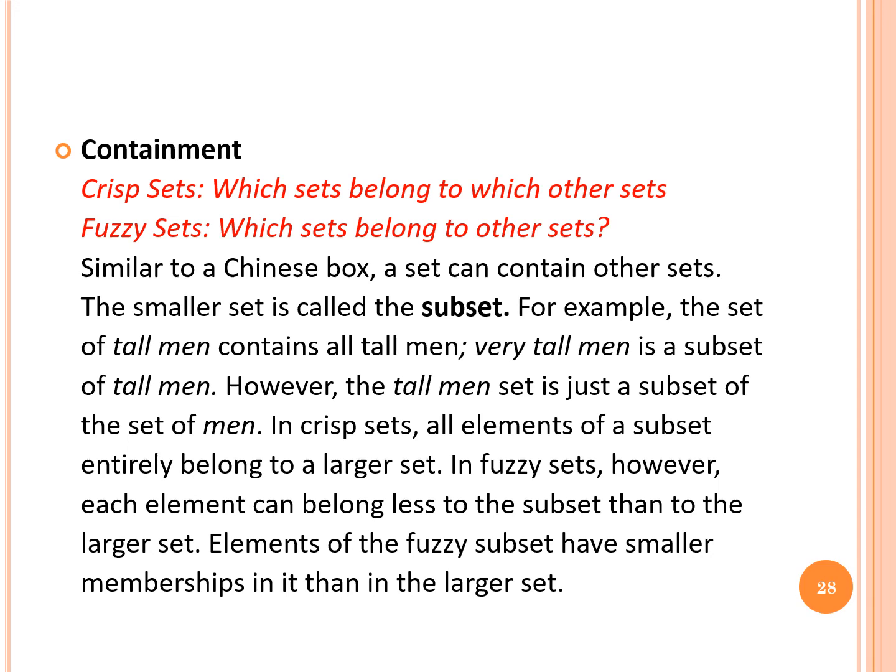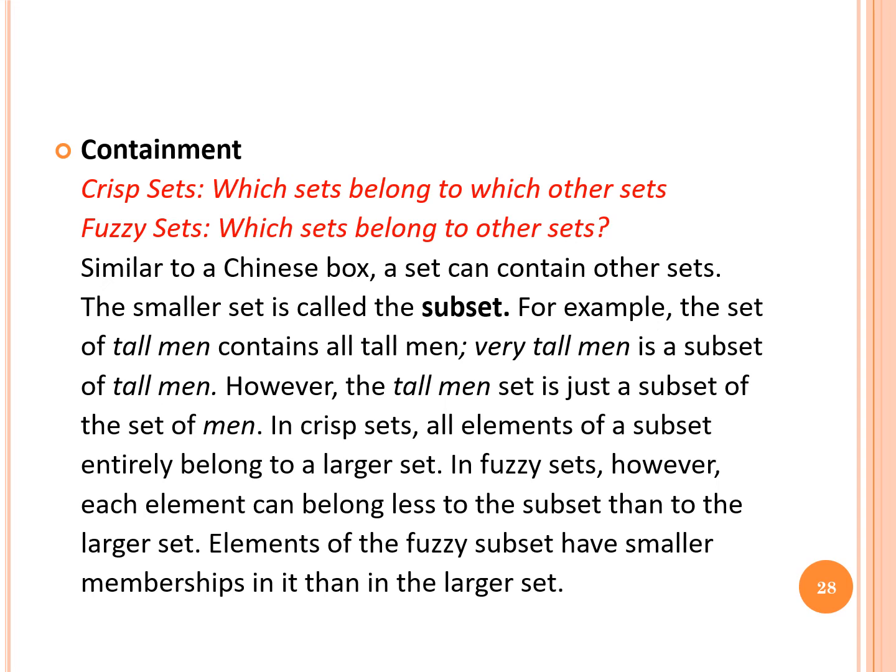For example, the set of tall men contains all tall men. Very tall man is a subset of tall man. However, tall man is just a subset of the set of men.